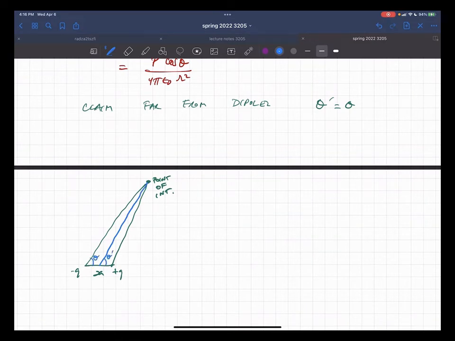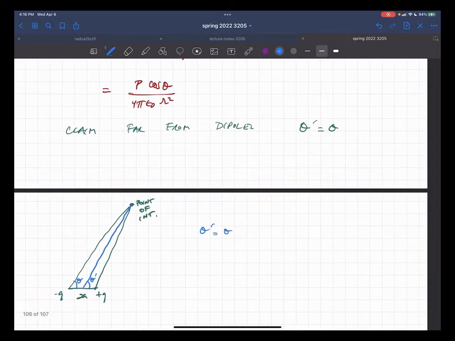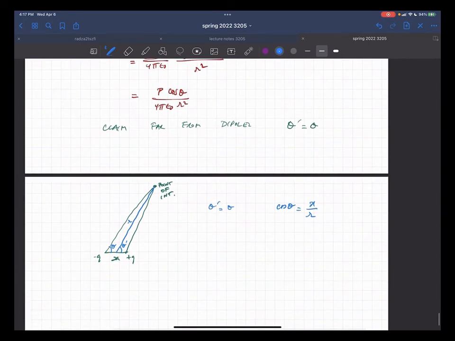So I'm saying that if you move far enough away from the dipole pair, theta prime is equal to theta. And therefore cos of theta is equal to x over r, if this is r. I'm going to plug that in.